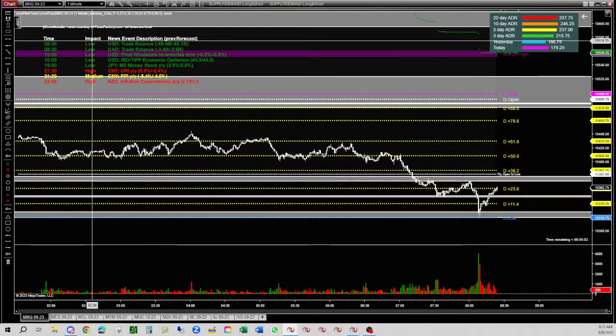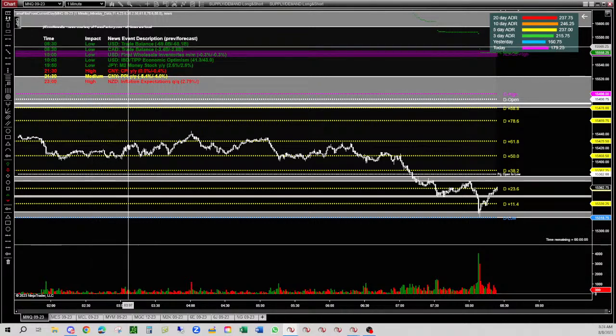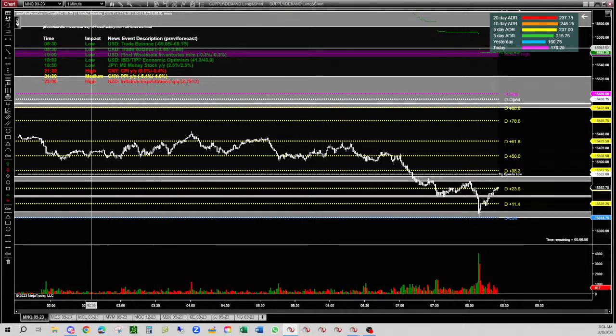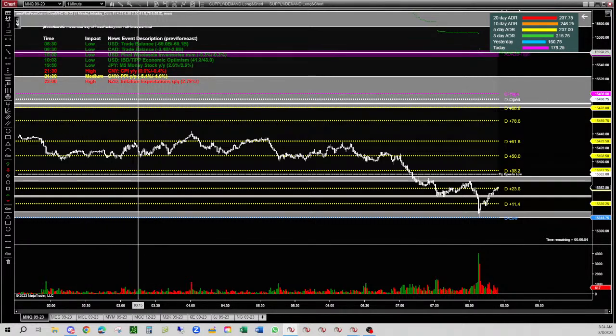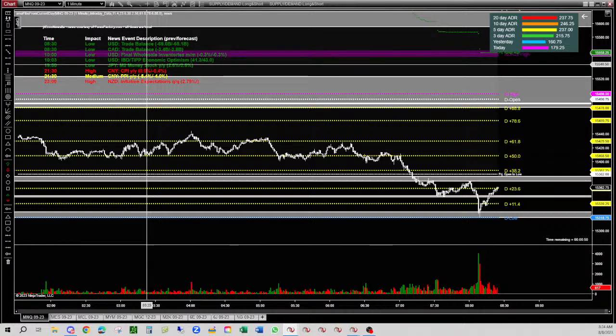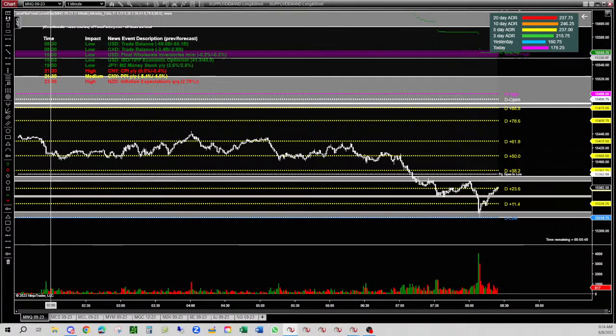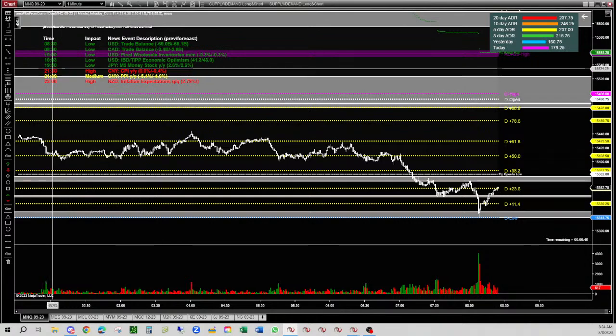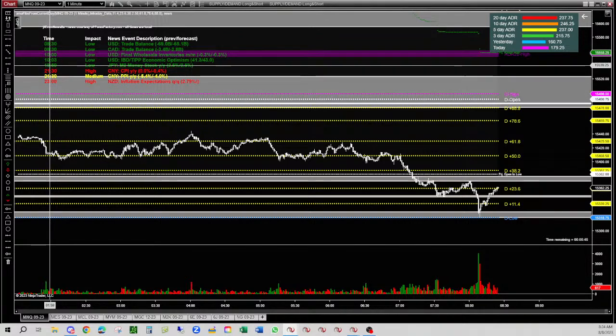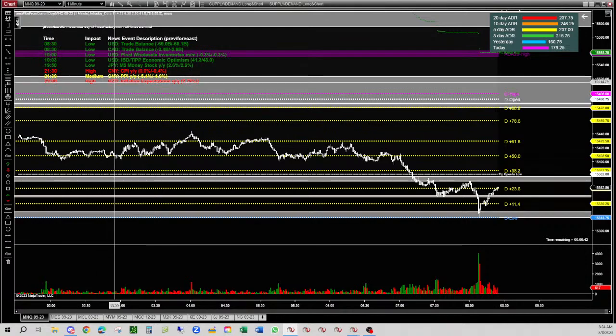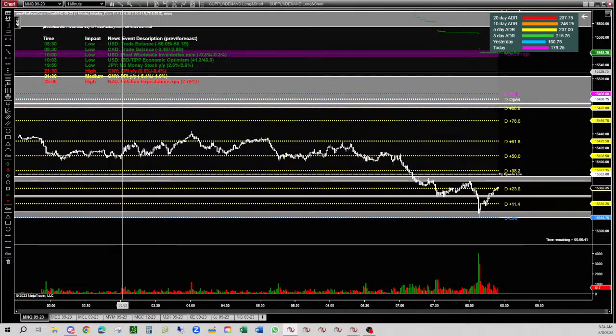So there's a low impact news coming on at 8:30: the U.S. trade balance report, and then the Canada trade balance report, and other news that we have coming up throughout the day. And also after the market closes at 5 and opens at 6, we got news typically like China and places overseas.